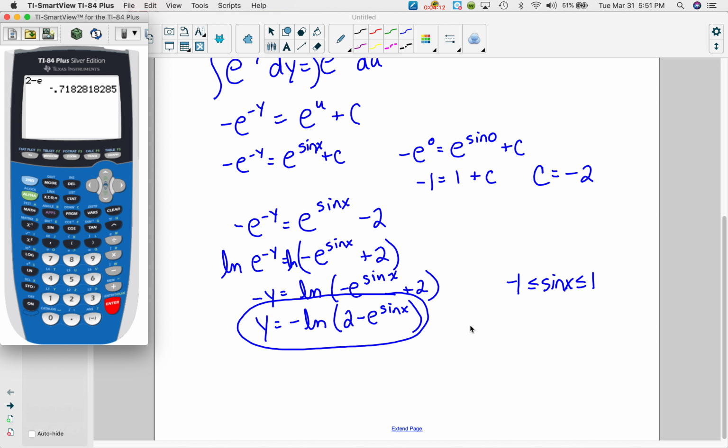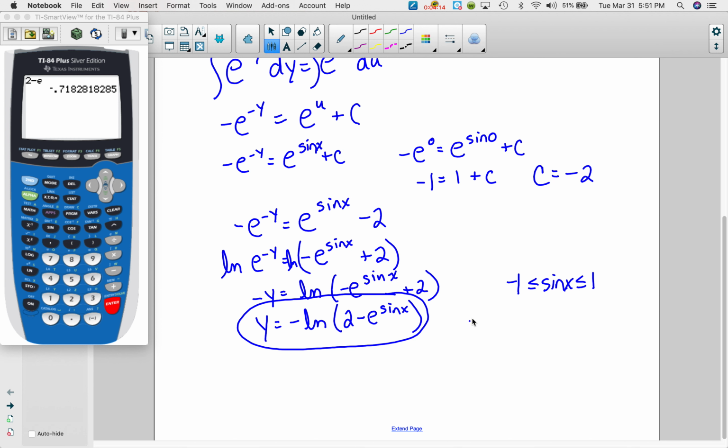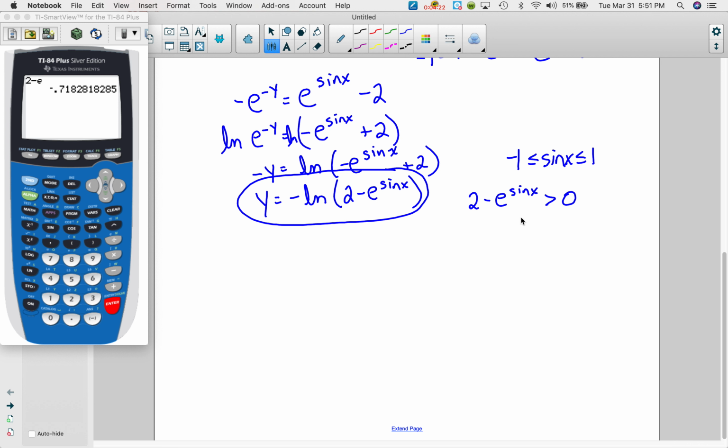So I'm going with this: 2 minus e to the sine x has to be greater than 0, because you can't take the log of something 0 or less.